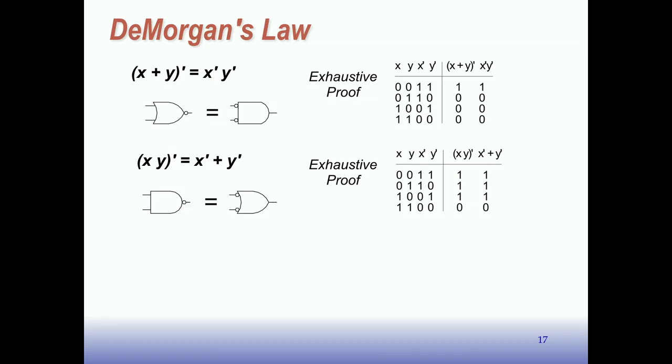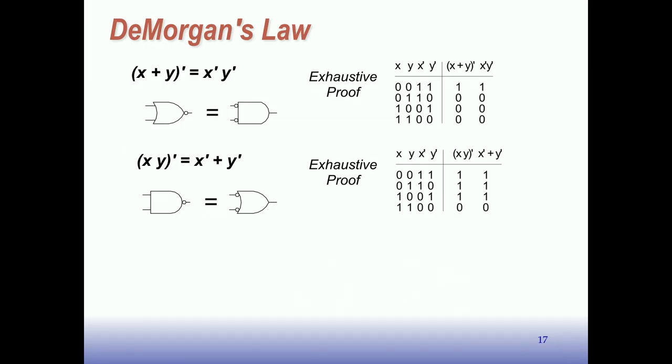It's because we can make NAND gates with fewer transistors than we can make AND gates. So De Morgan's law gives us a way to do this conversion between gate types. And I like to think of it this way: if you have a NOR gate, it's equivalent to an AND gate that has inverted inputs.